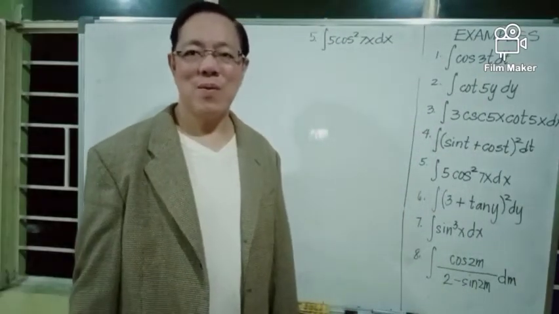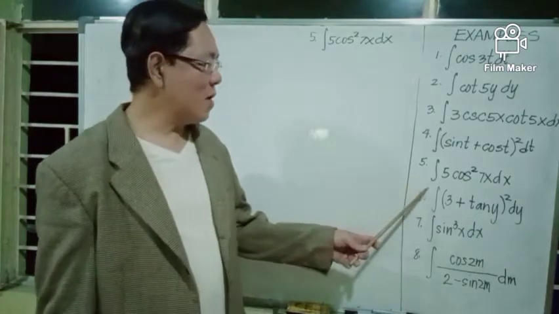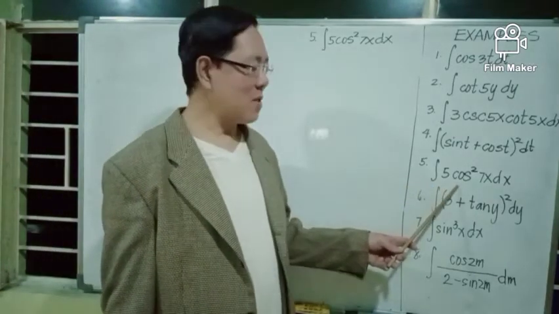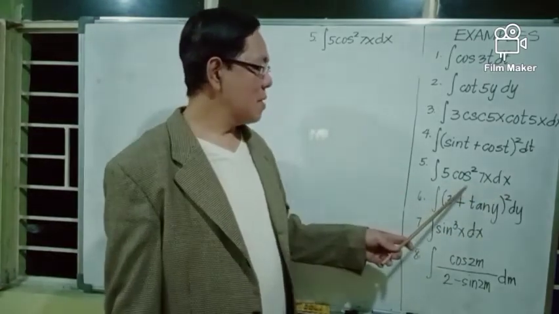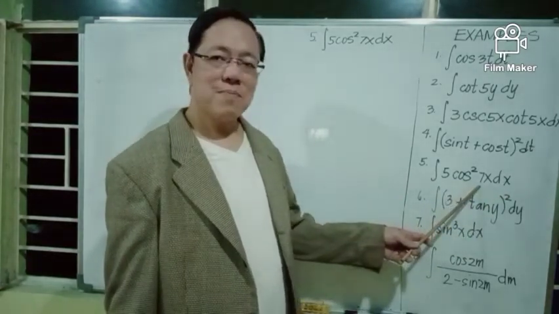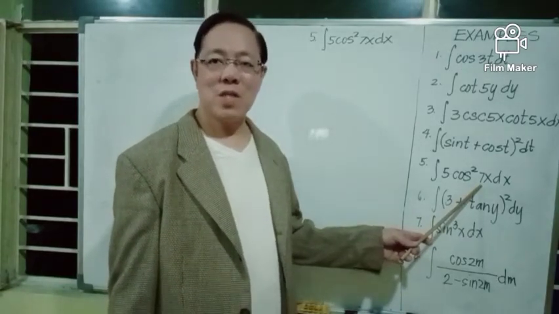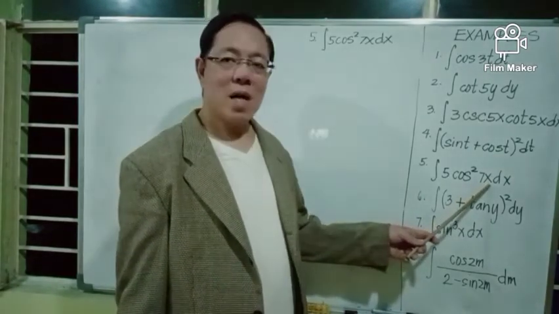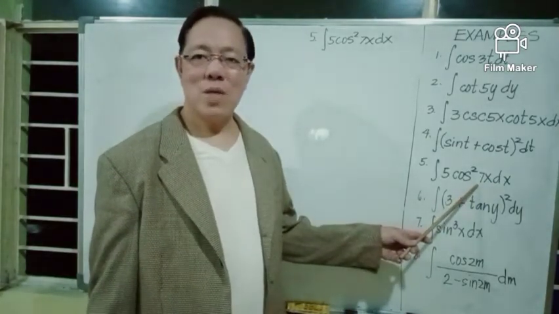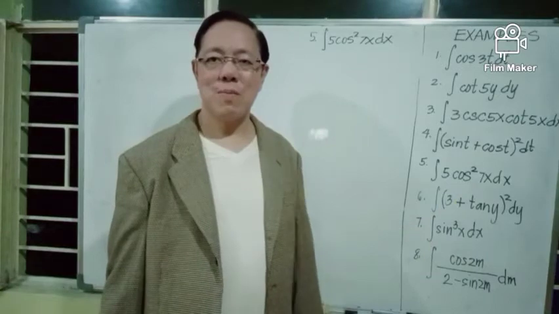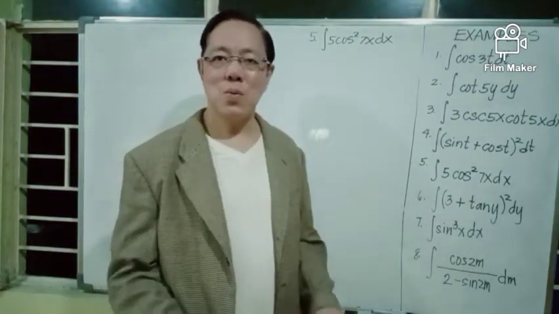We now answer number 5. In number 5, we evaluate the integral of 5 times cosine squared 7x dx. Again, the angle here is not a single variable with coefficient of 1. The variable x has coefficient of 7. Hence, we will make use of a substitution by letting 7x be equal to u.